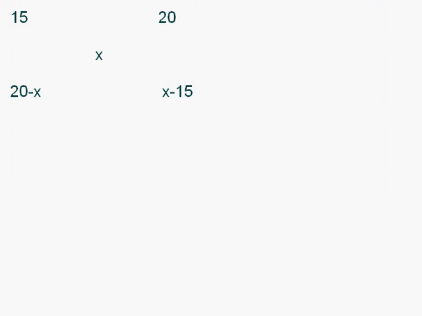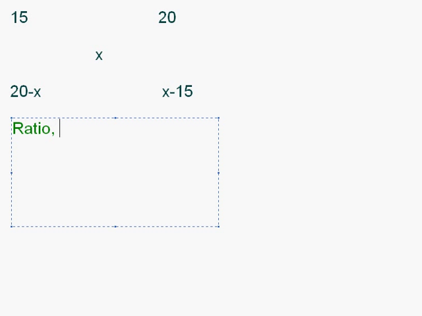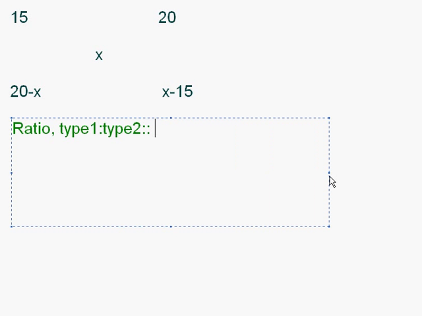So what will be the ratio? As far as the ratio is concerned, we'll write like this. The ratio of type 1 to type 2 is as 20 minus x is to x minus 15.